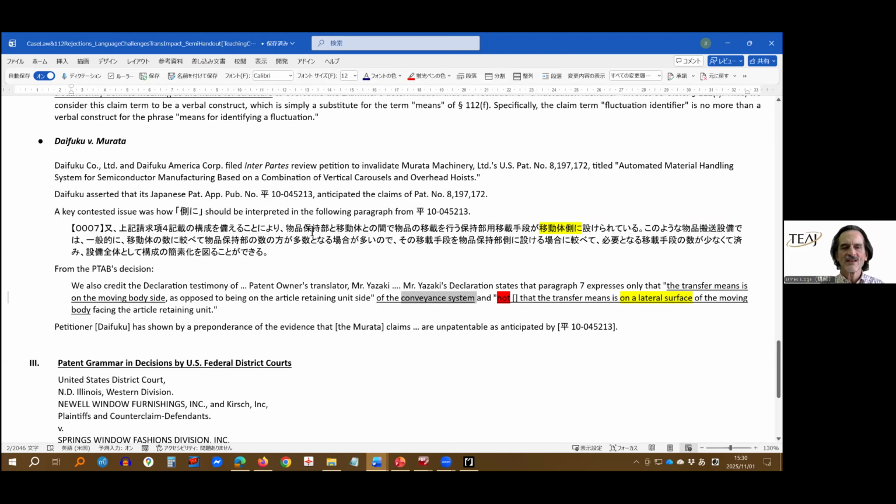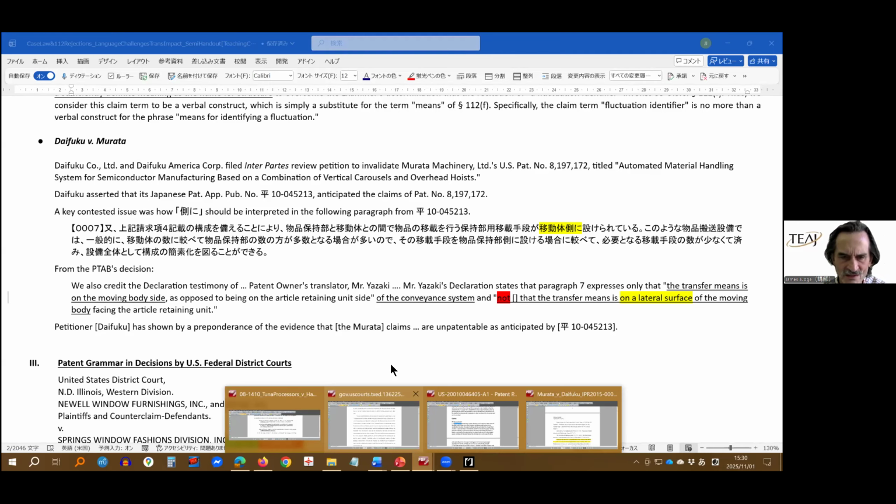both from the perspective that this Japanese competitor relied on one of their own patents that had been only published in Japanese, and then filed this trial for invalidity of a competitor's patent. And both sides had translators. So Daifuku had a translator who's not a native speaker of Japanese, a Chinese Japanese person or something, Mr. Chu.